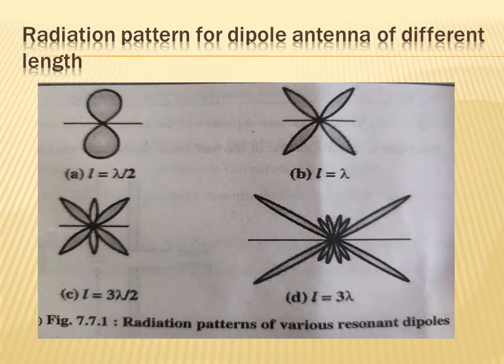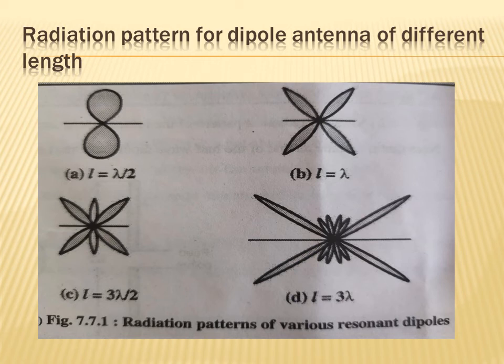For each length there is a different radiation pattern, so we will see the radiation pattern for each. We have already seen the length lambda by 2 and its radiation pattern.